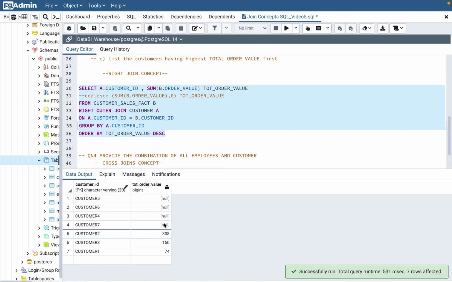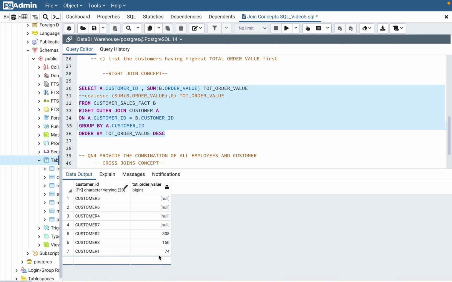Here the problem is there, because when it is null, it will not order properly. If you see, it treats null as the highest value. So the order of the data also gets messed up, because it treats null as the highest order value. That's why we have to use this coalesce function. When we use the coalesce function, the data was correct.